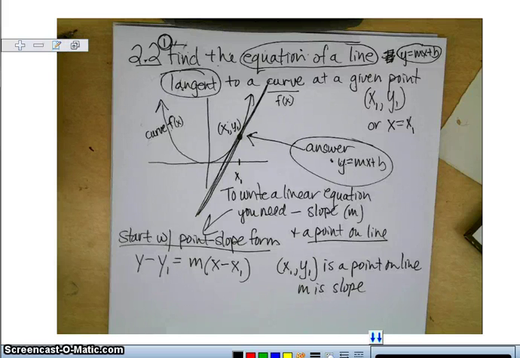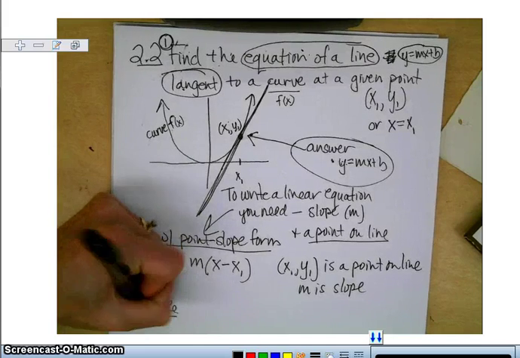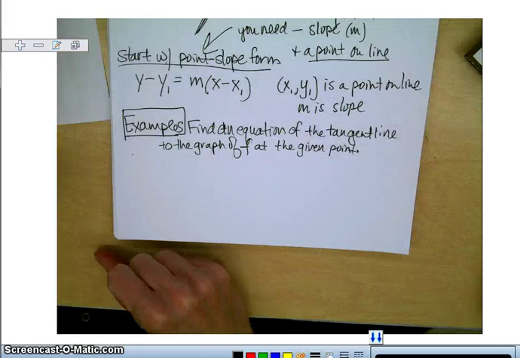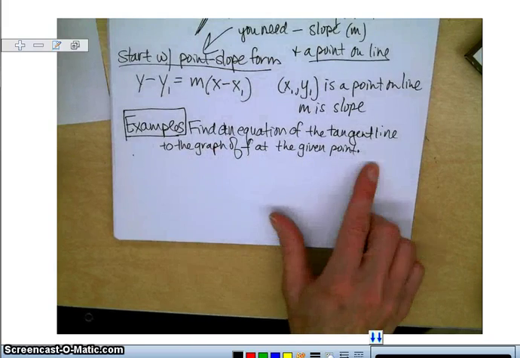So here's what an example problem would look like. This is an example problem. It would say, oh, let me write the directions down. Example. Find an equation of the tangent line to the graph of f at the given point.